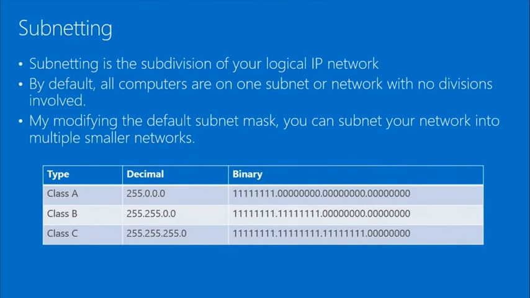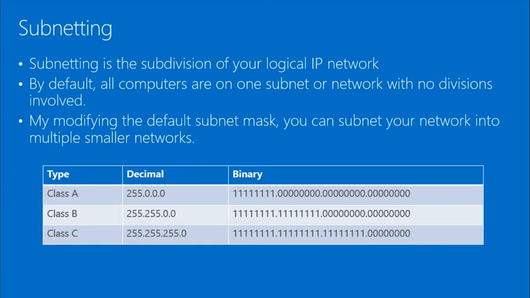So to create these networks, we use a process called subnetting, and this is where that math comes in. It's a subdivision of your local or your logical IP network. By default, all computers are on one subnet, and you need to use the subnet mask to configure this a bit. By modifying the default subnet mask, you can divide your network into smaller networks.